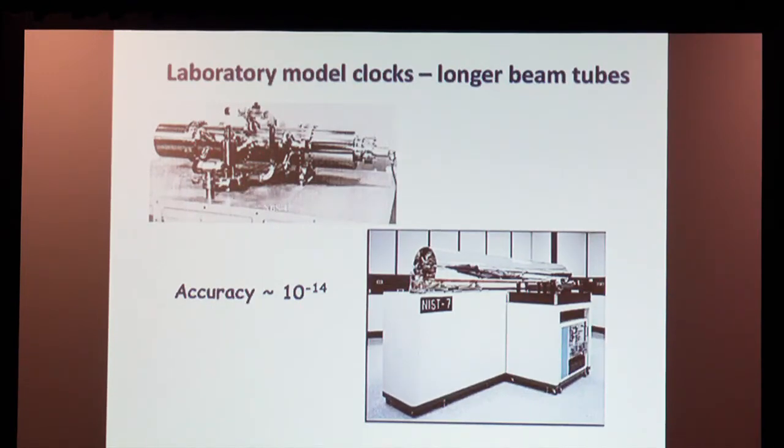But then you quickly realize that you cannot build it longer and longer because your gain is only linear. So in order to get a clock which is 10 times better than this, you have to have a clock that spans the whole building. There's no end to it.